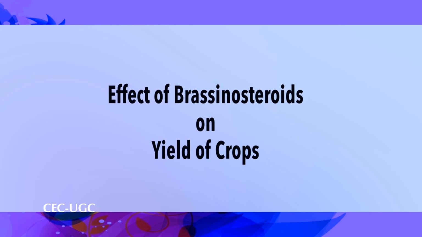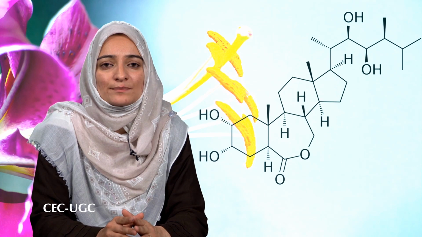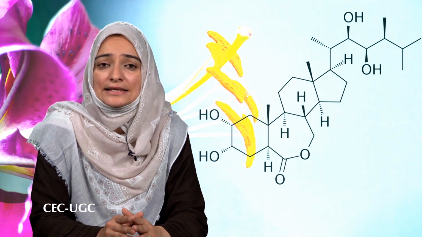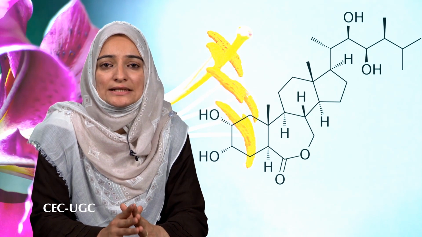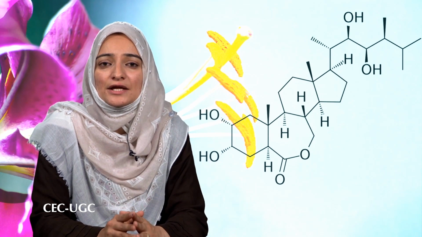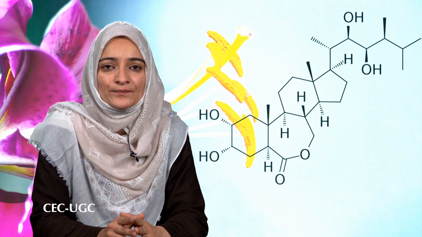Next is effect of brassinosteroids on the yield of crops. Once the presence of brassinosteroids in plants was established, the next phase was to explore the possibilities of using these new substances in improving the yield of economically useful plants.